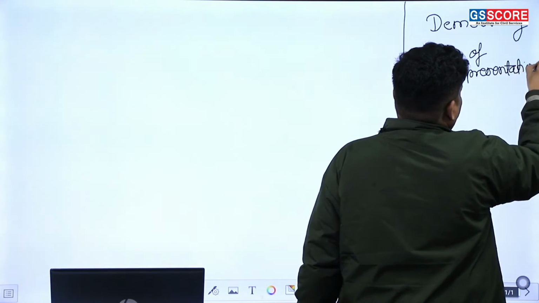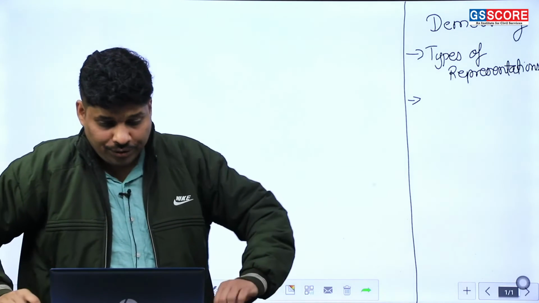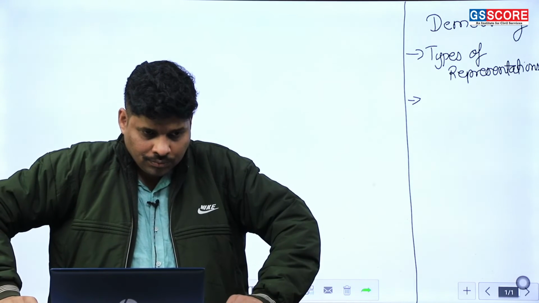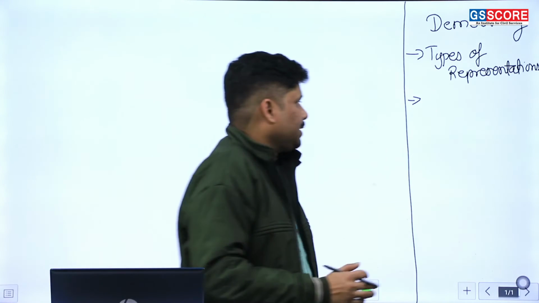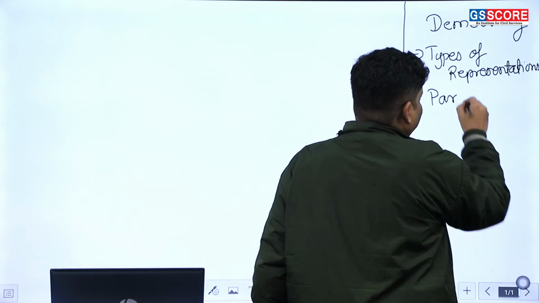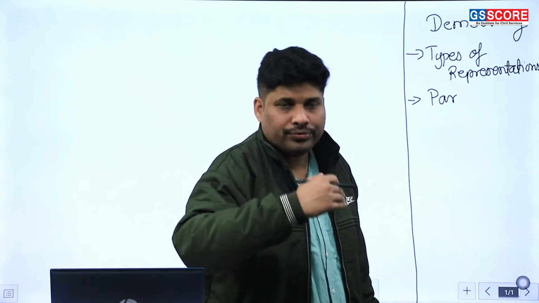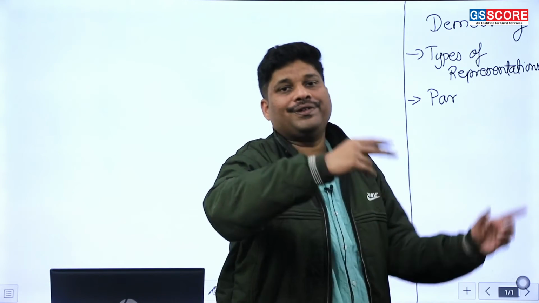Types of representations. Second, it will basically want you to know the level of participation. ठीक है. तो पार्टिसिपेटरी डेमोक्रेसी के बारे में it will want you to know about participatory democracy and the extent to which participation happens in democracy from the point of view of different types of it.